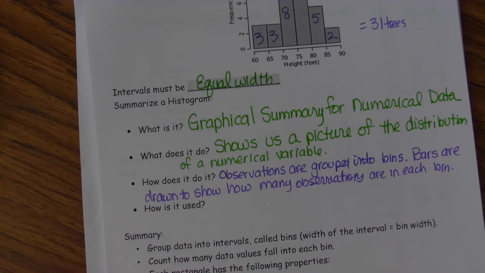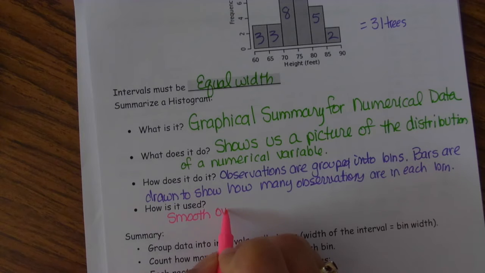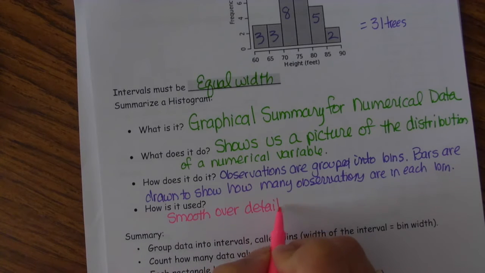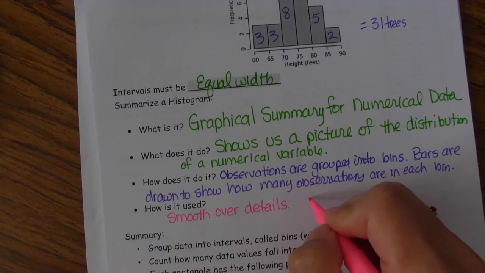Why do we have a histogram? We use it to smooth over details. We lose some of the individual details, but we use it to see important large-scale patterns.